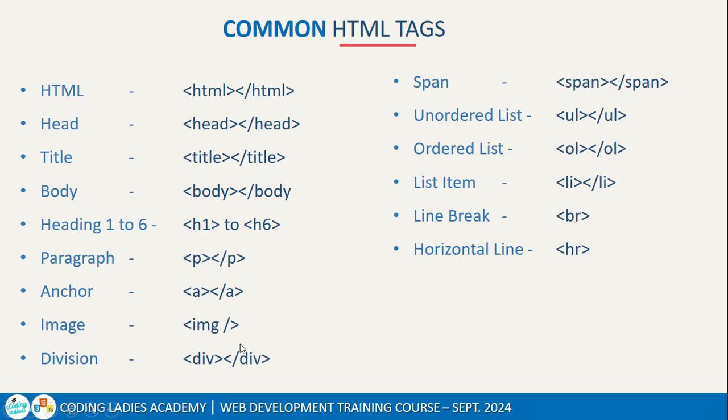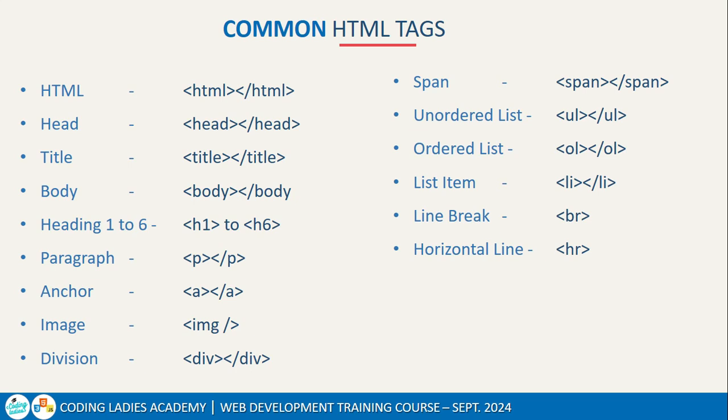Then we have the UL, which is the unordered list. This is when you want bullets. You have a list of items that you want to include, so you can use the UL tag, or there's another one, which is the ordered list.